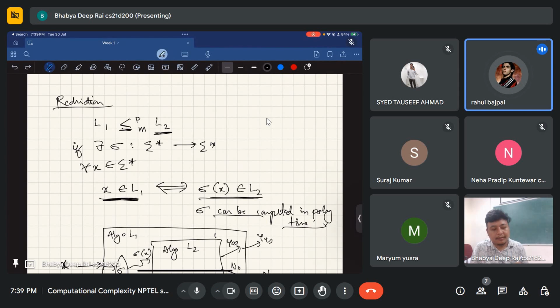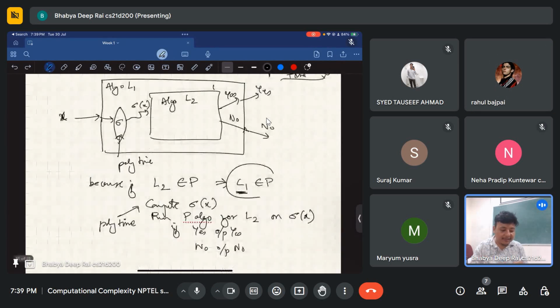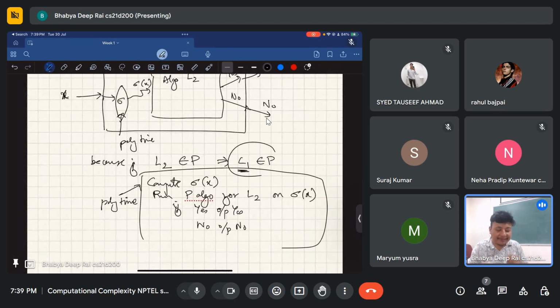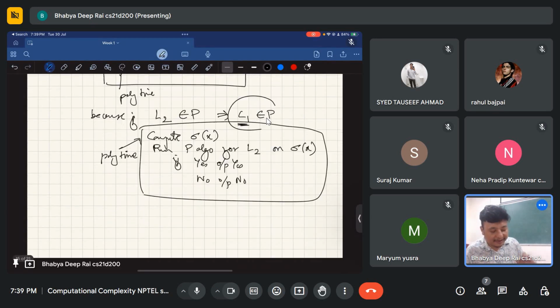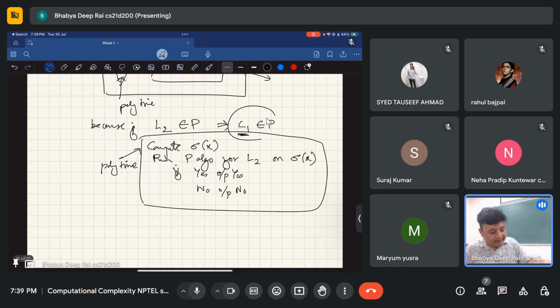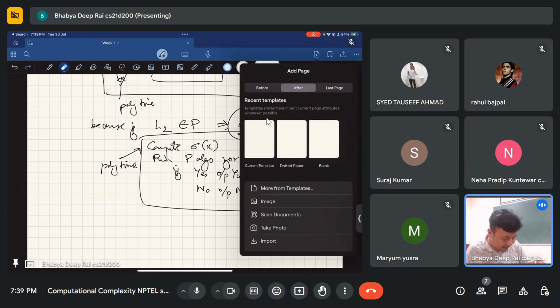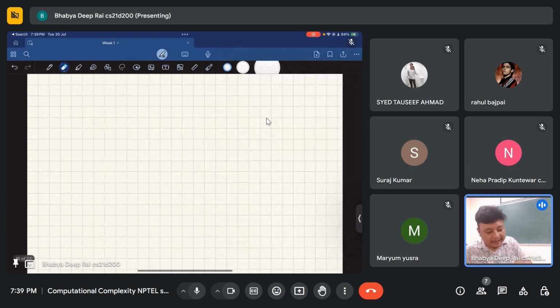So if L2 is solved in polynomial time, then we can solve L1 also. Compute sigma, and this algorithm runs in polynomial time. If this is not clear, please check out the lectures once. It's clearly mentioned there, but we can discuss at the end also if you still have any doubts.